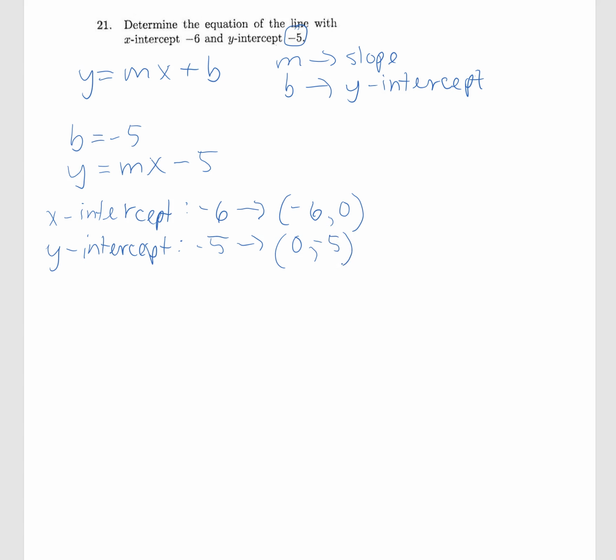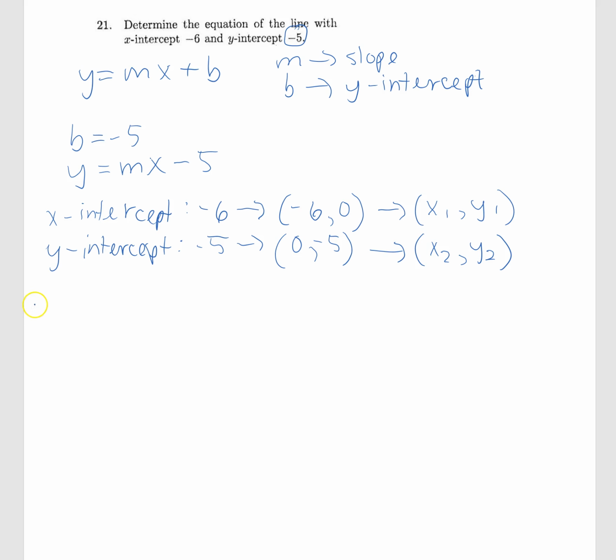So now we have the coordinates for 2 points on our graph, and I'm just going to call this first one x1 and y1, and the second one x2, y2. So now we can figure out our slope from these 2 points.